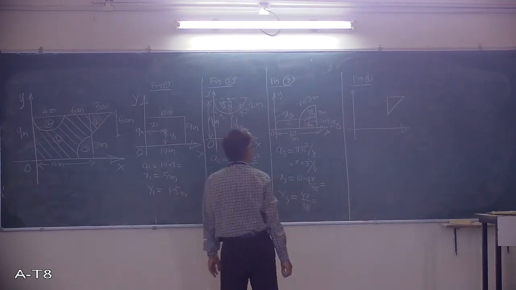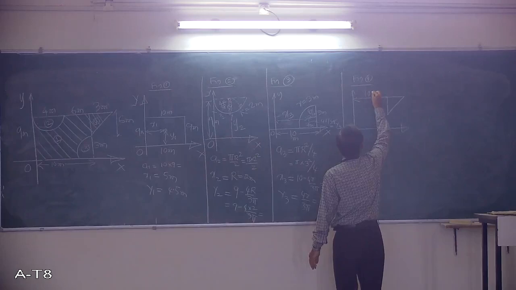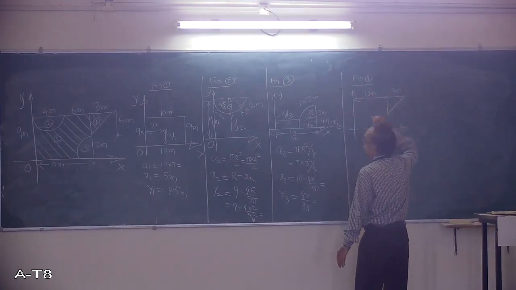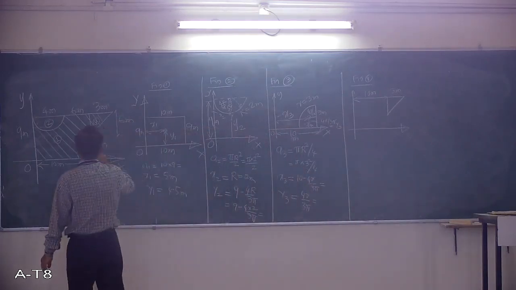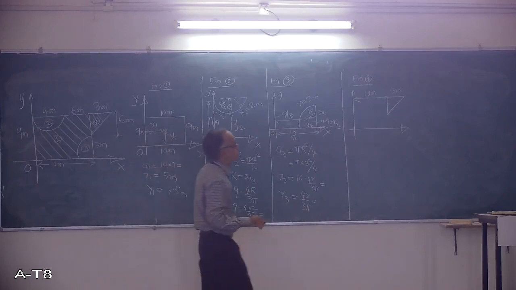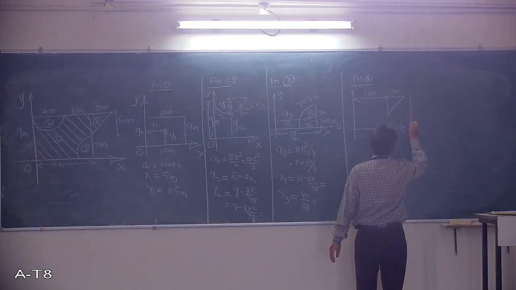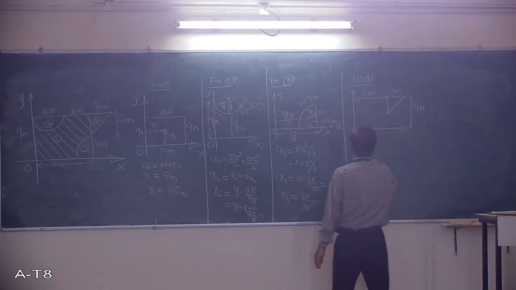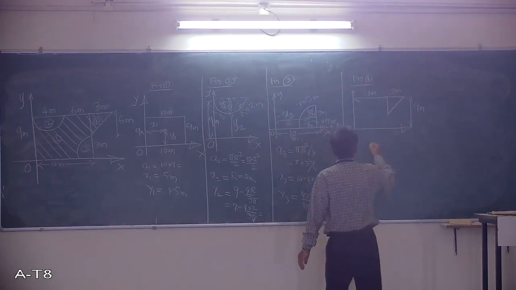This I told you many times. So this to this is 10 meter, this is 3 meter. Total height, this is 6 plus 3. So this is the origin point. Height of the triangle is 6 meter.